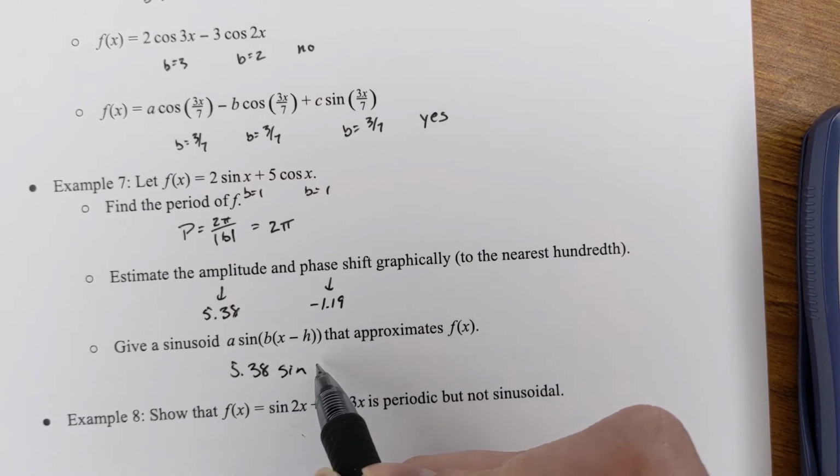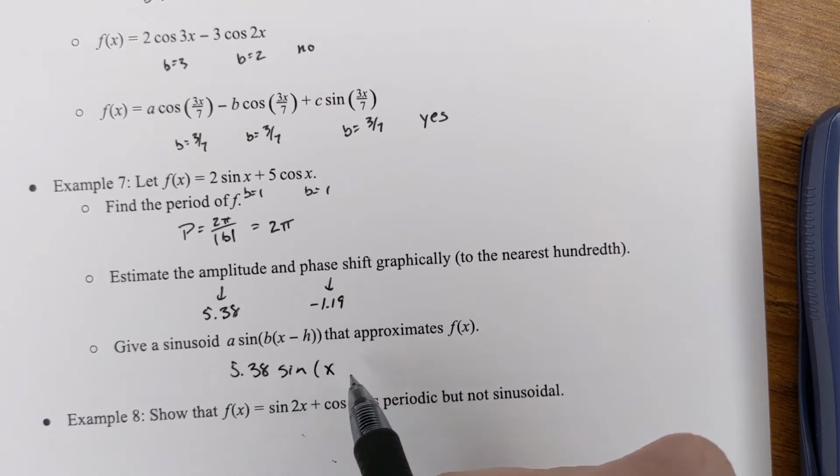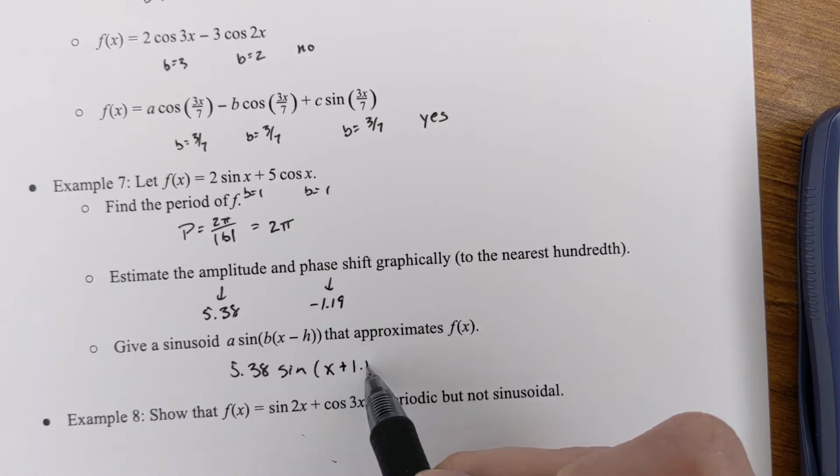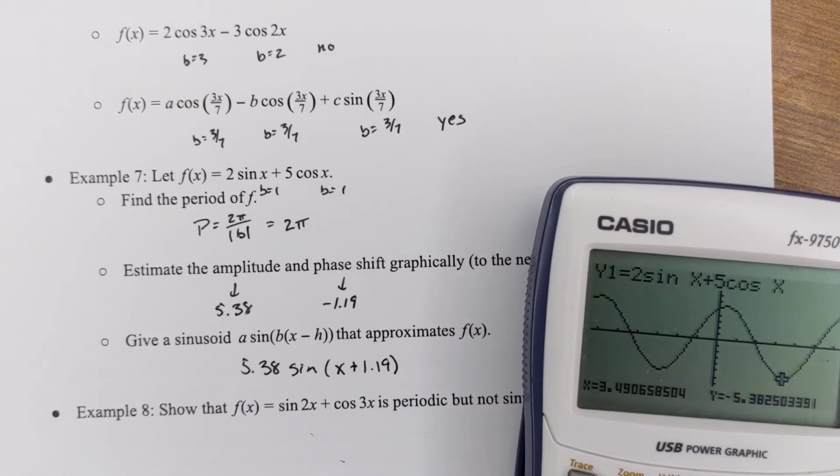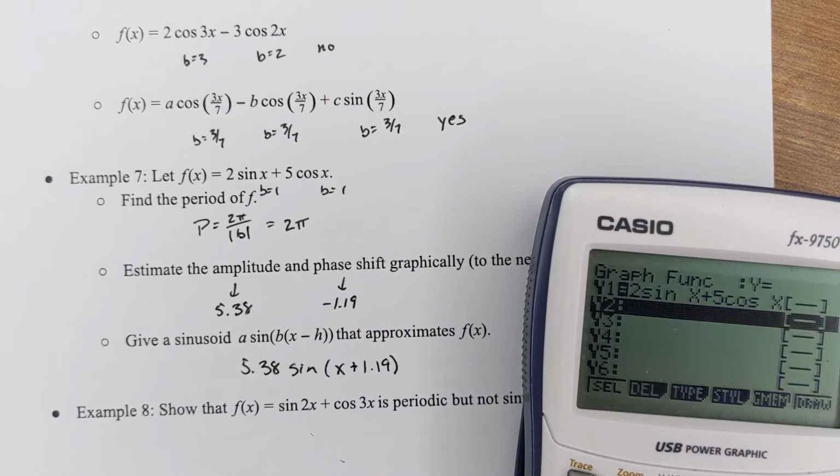Sine, well, my b value is 1, so it's going to be x. I need to move it, so plus, because it needs to be the opposite. It's x minus h. And let's graph this one, 5.38 sine x plus 1.19.